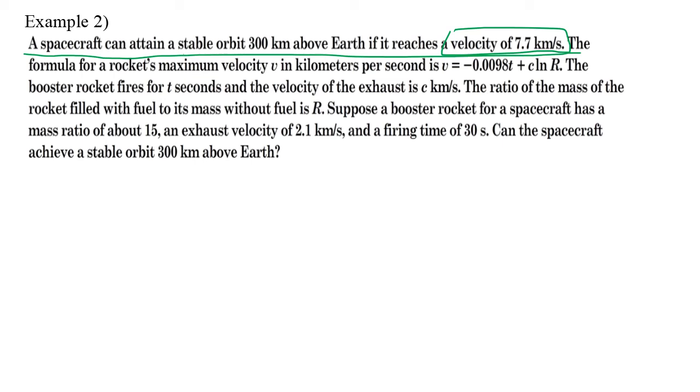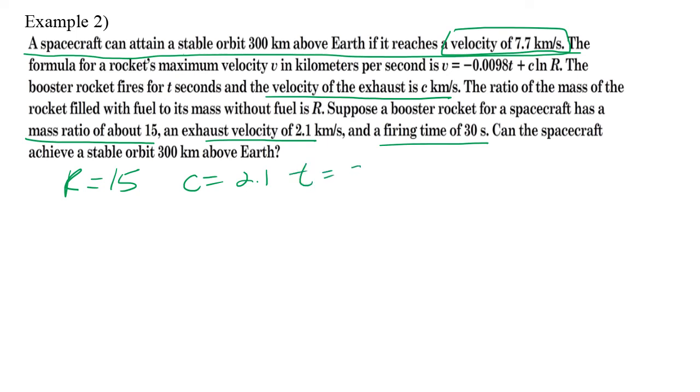And so first thing it tells us is the mass ratio, that's our capital R, and that equals 15. Then it says our exhaust velocity, that is our C value, and our C equals 2 1/10. And then our T, our firing time, is 30 seconds, so we have t equals 30.